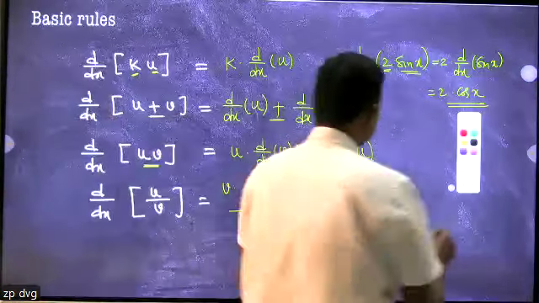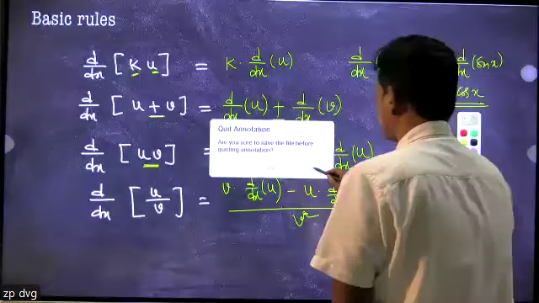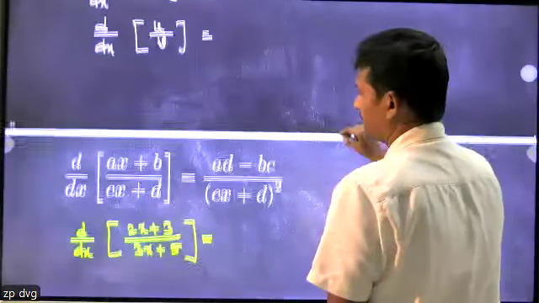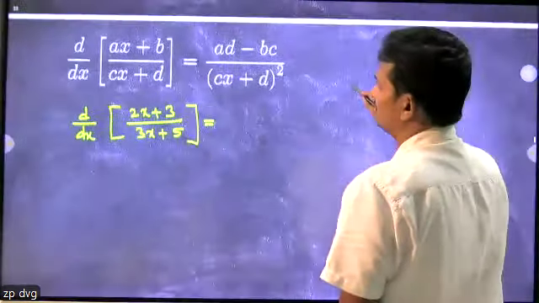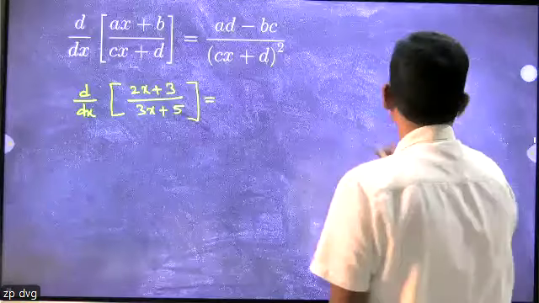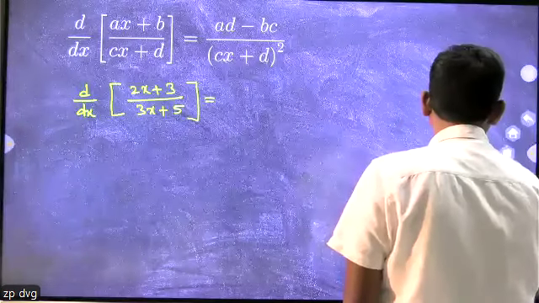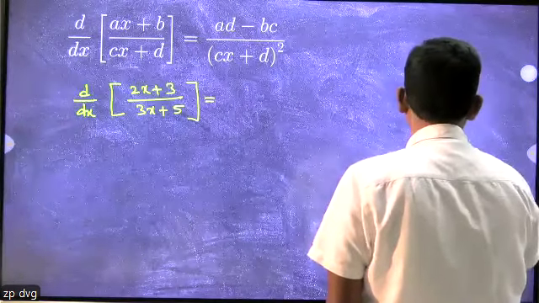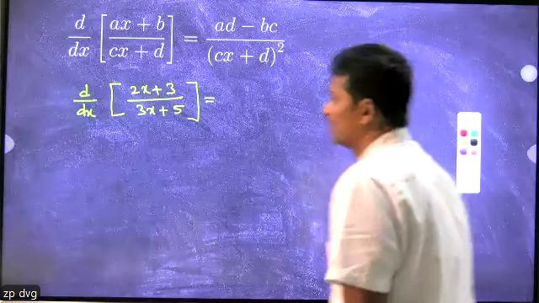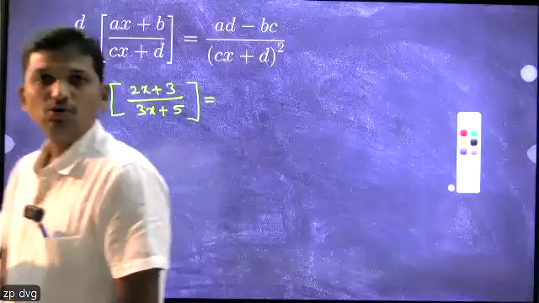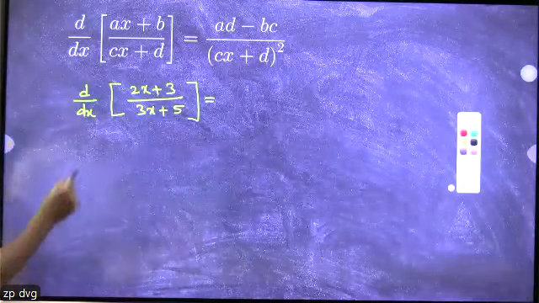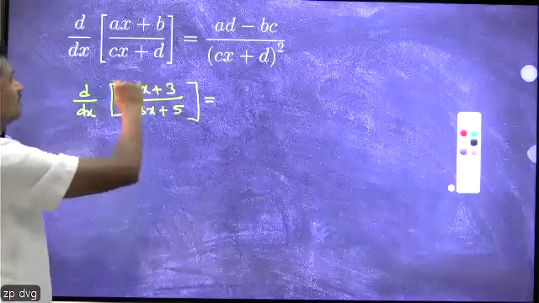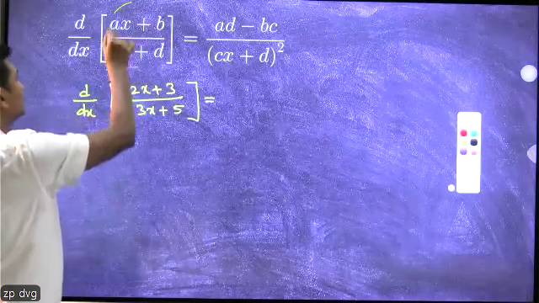Okay. Now, first we'll discuss a few shortcuts in this differentiation chapter. After the shortcuts, we'll start previous year KCET questions. See, how to solve this problem? See here, dy dx of ax plus b divided by cx plus d. This is a rational function.